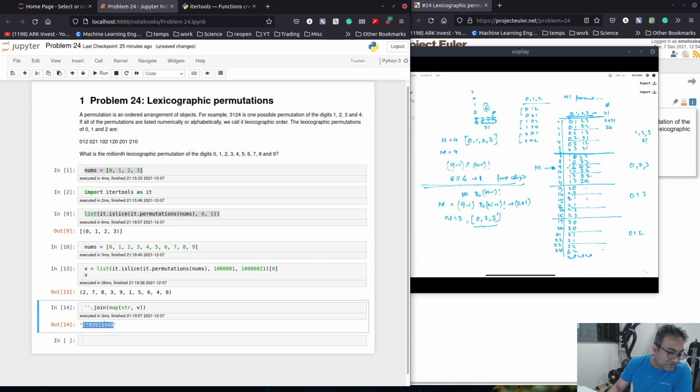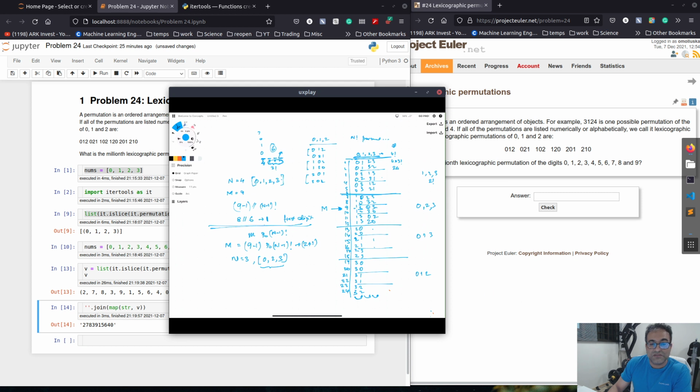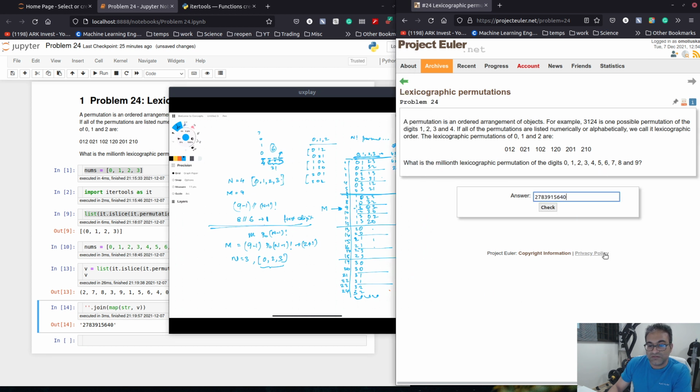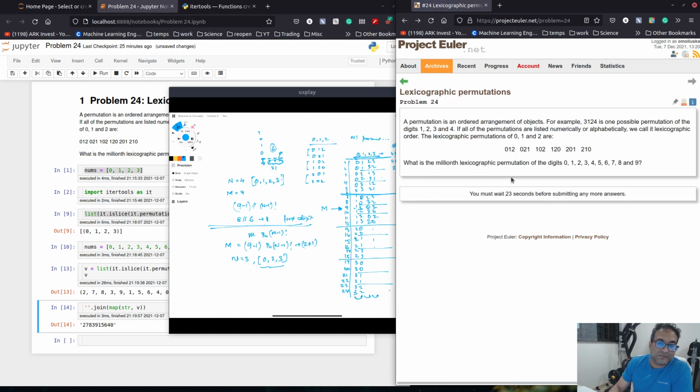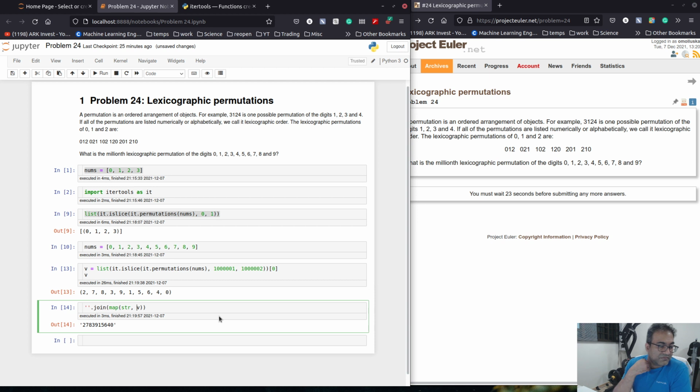Let's see if this is the answer. I did all of this, and that appears to be incorrect. Okay. Oh, this may not be lexicographic. It can be anything.